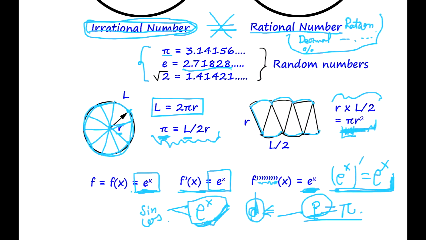And nothing special about e except the exponential function using e has a very peculiar characteristic: the derivative function is the function itself. So that's all about those special numbers.